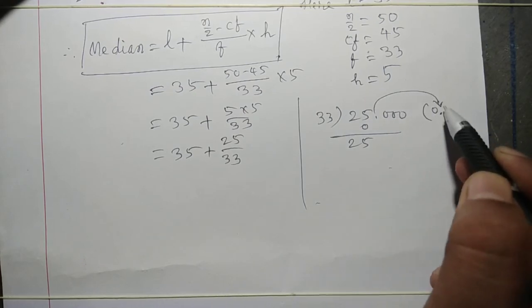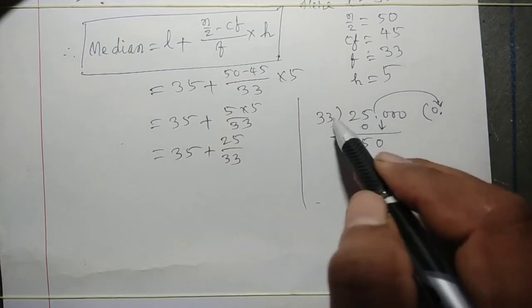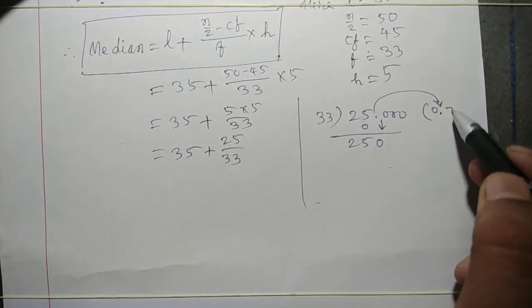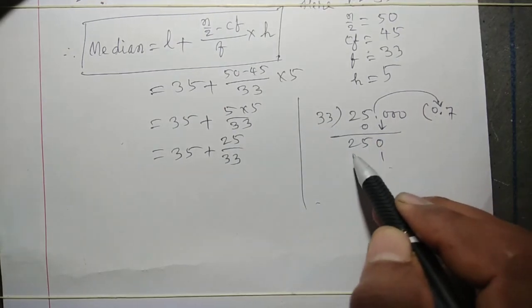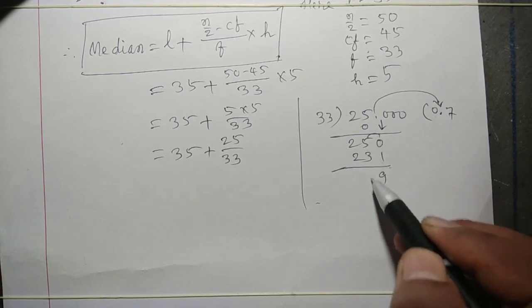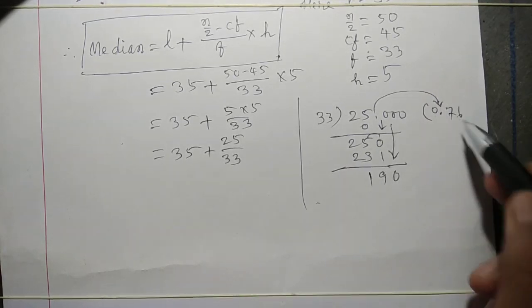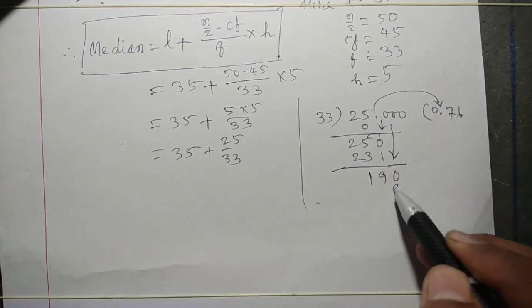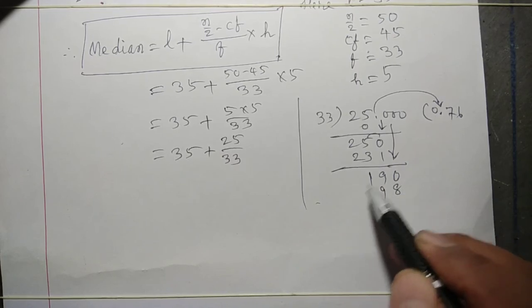Place the decimal point in the quotient. Then bring down 0. 33 sevens are 21, 23, 9 1. Bring down 0. 6 3s are 18, 19, approximately.